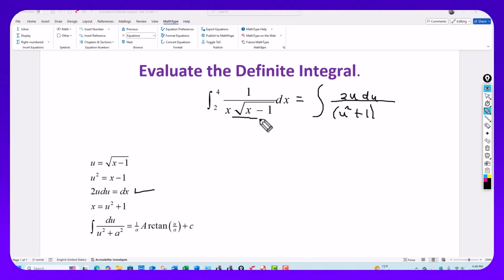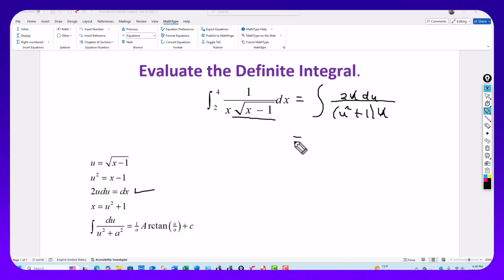And of course, the square root of x minus 1, that's your u. Then we simplify and integrate. Well, you've got a u here and a u here. So this leaves me with 2 times, because the u canceled out.